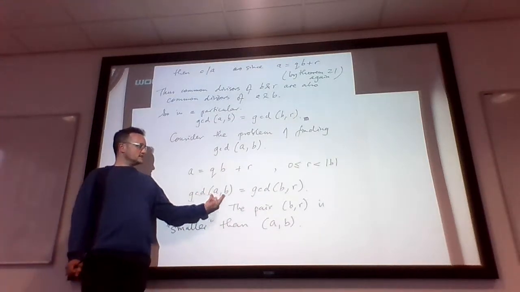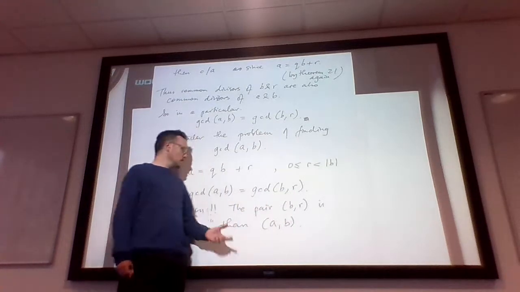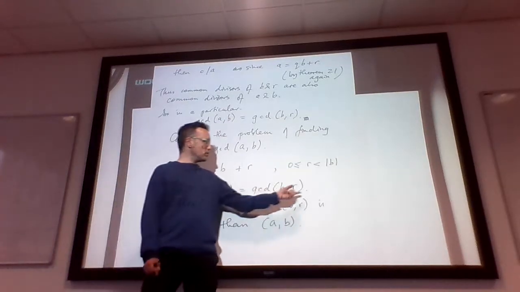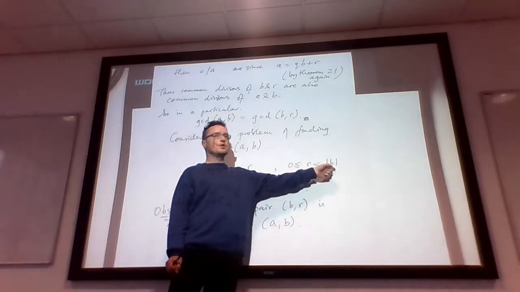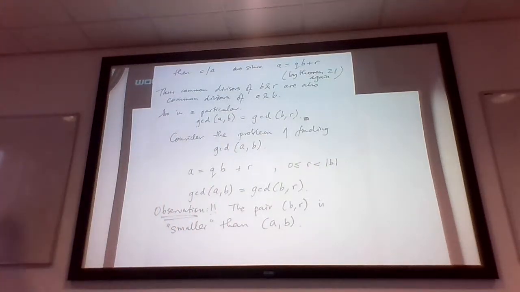But instead of dealing with the pair AB, we can now deal with the pair BR. We've got rid of the large number A, and instead we've brought in a new number R, which is smaller than B. So the pair BR is smaller than the pair AB. It's easier to deal with.